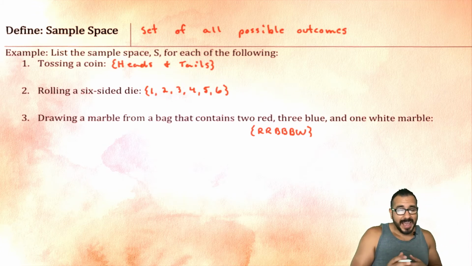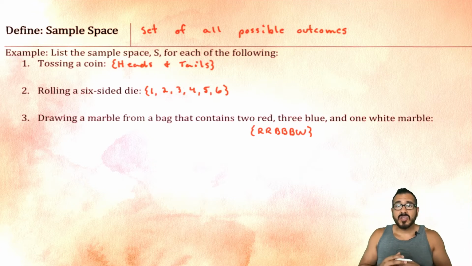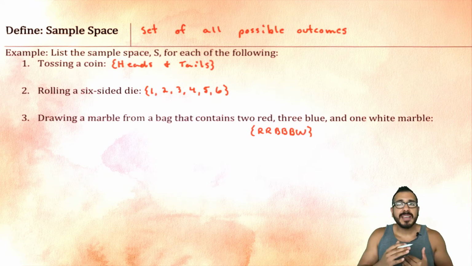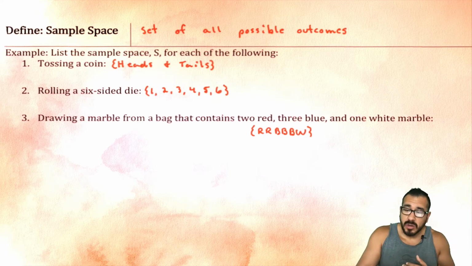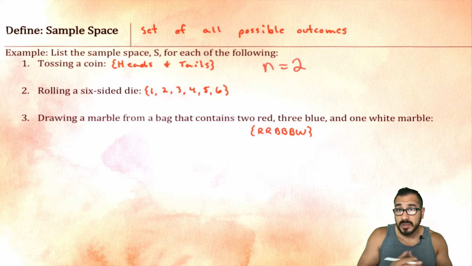Some textbooks are gonna put S for the sample space, so make sure you read your textbook to see how they want you to label it. And when we're counting the size of the sample space, usually we denote that with an N. So we say here the sample space is of size 2 because there are 2 possibilities.